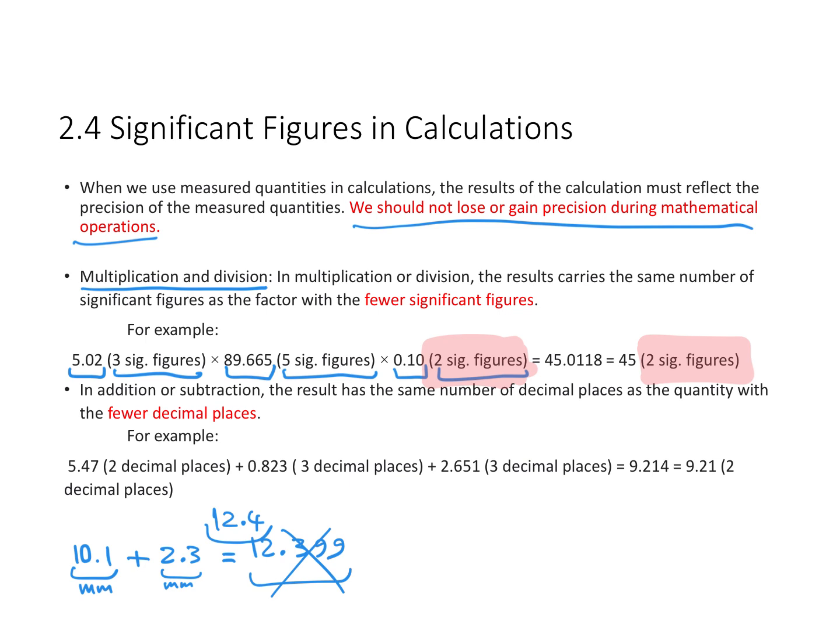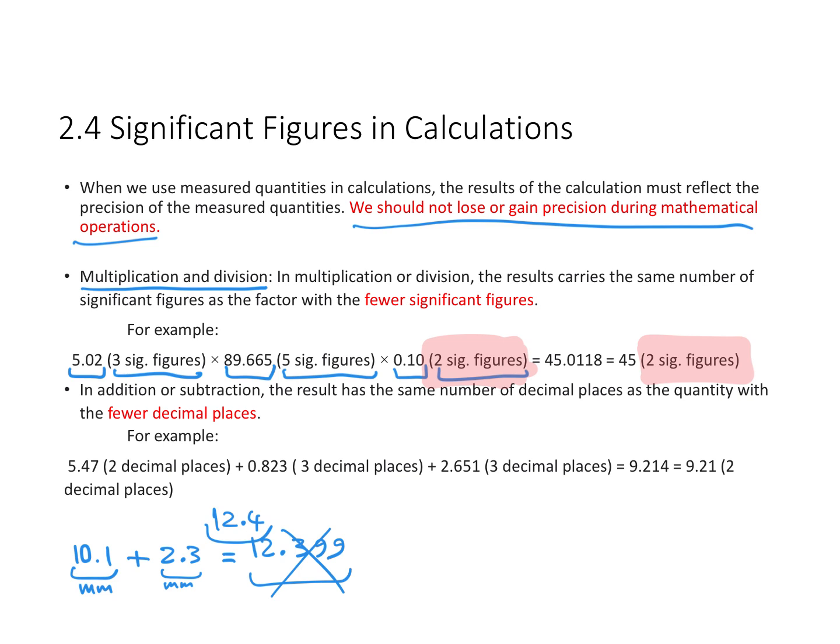So what you do, first of all, remember, if you multiply 5.02 by 89.665, don't round that. Use the same number, multiply that by 0.10. But when you got the number, you see what is the fewest number of significant digits, and that is the 0.10.